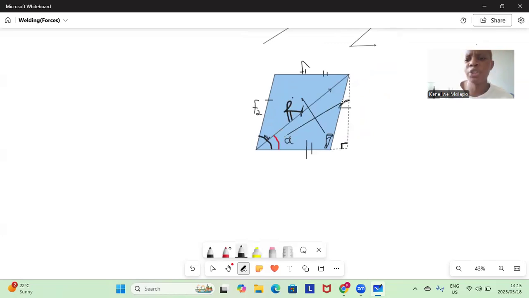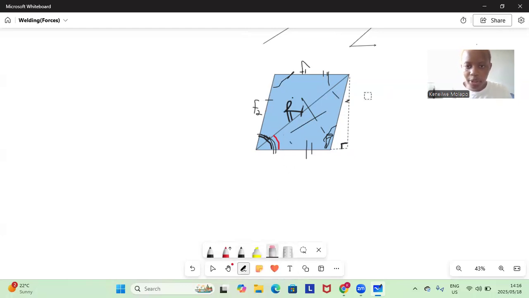So you can use the triangle of forces formula. That's simple. For this parallelogram, this angle equals this angle, and this angle equals this angle. If they didn't bring a 90 degree angle, you're going to use the law of parallelogram of forces.